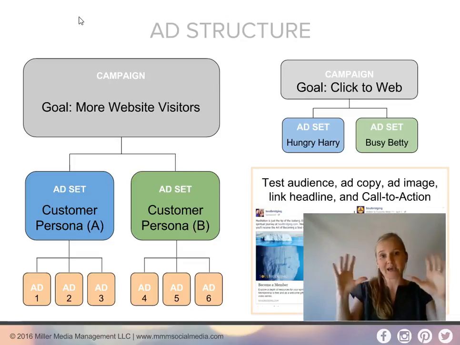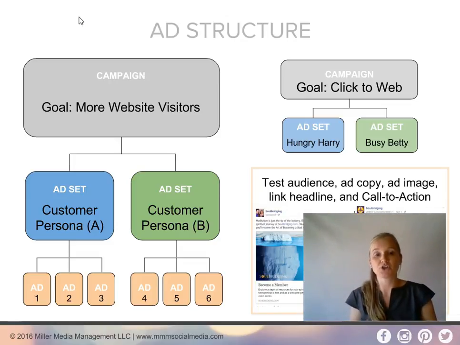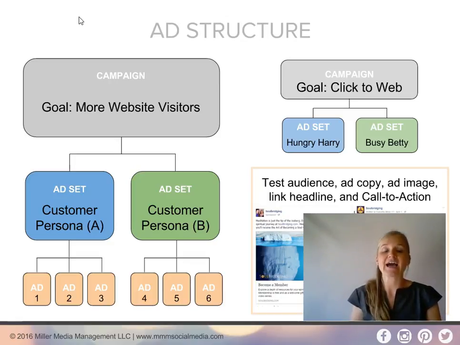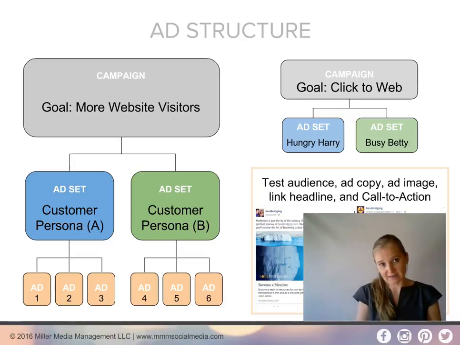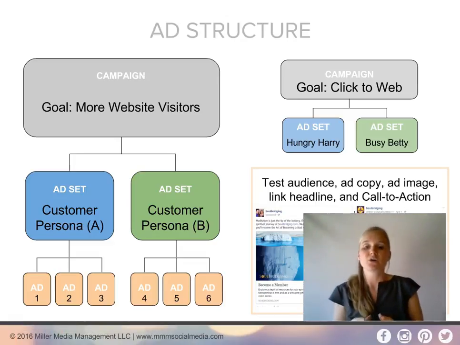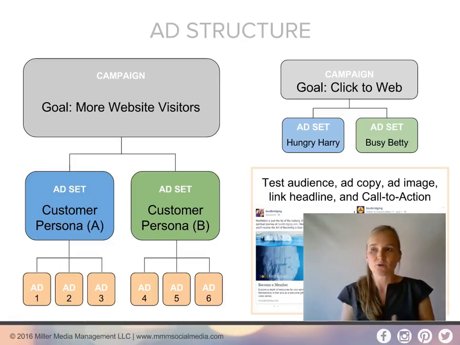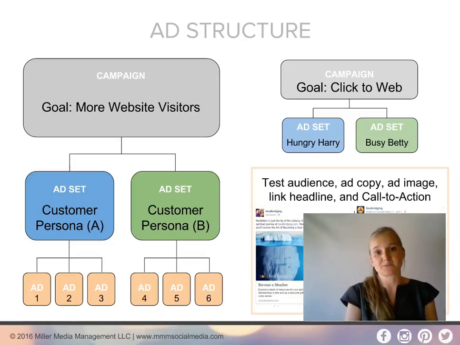Underneath the campaign umbrella, you will have ad sets. Ad sets are the different customers you're targeting within that campaign. So with many businesses, we have different types of customers we're targeting.